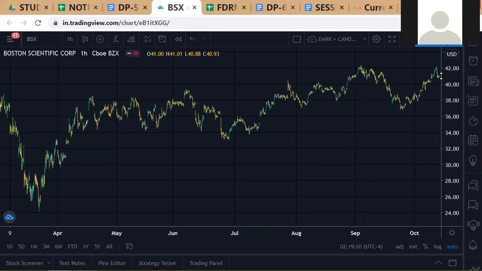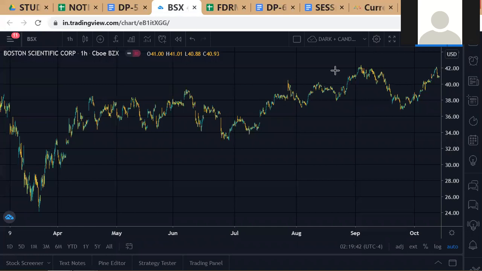So 40.2 is better than 41, so it will still buy. Clear? Okay, so this is how limit orders work. So it just works like a limit order. Stop limit is nothing but a stop order plus a limit order. The two concepts are being combined.